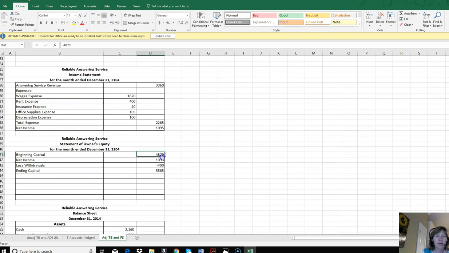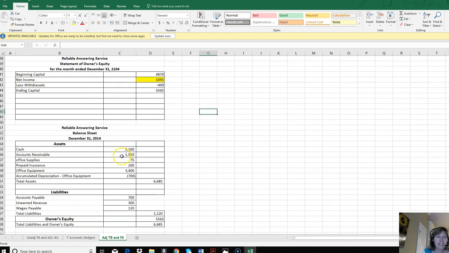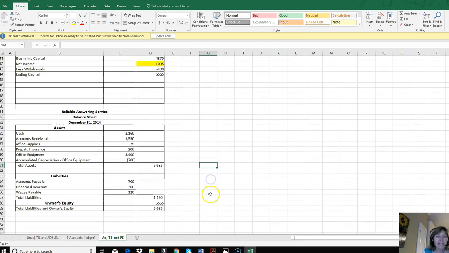First statement of owner's equity, we started off with the capital from our trial balance, added net income, which came right from here, subtracted out withdrawals, and got to ending capital. For my balance sheet, I listed all my assets, including the contra asset, which is just a subtraction to get to my total assets.